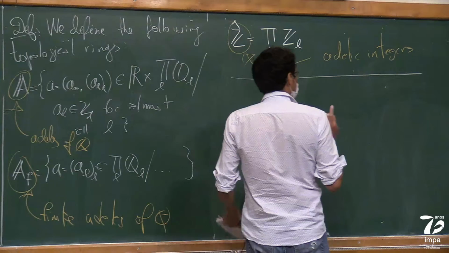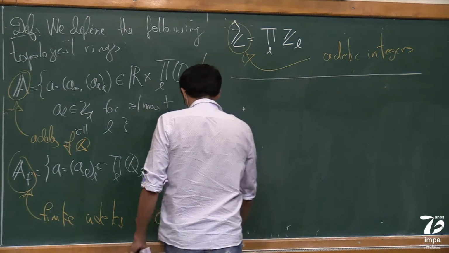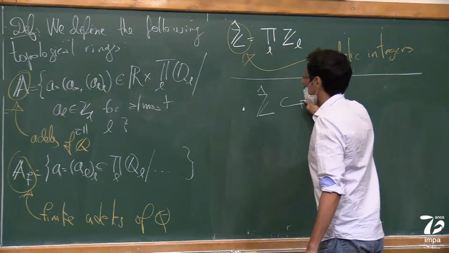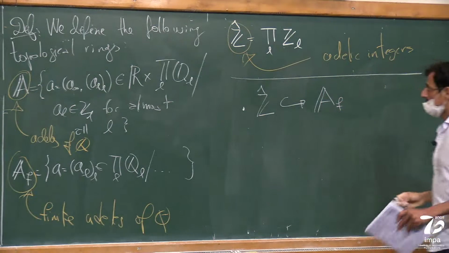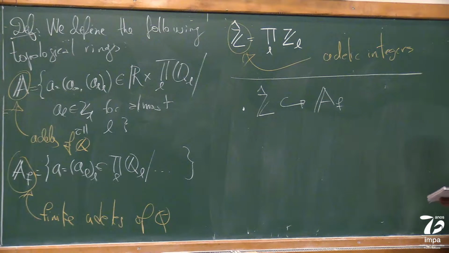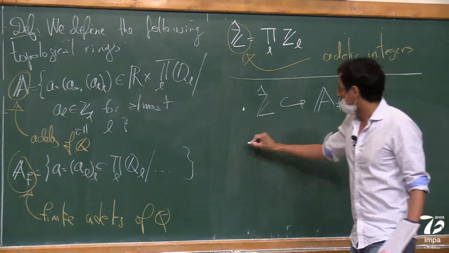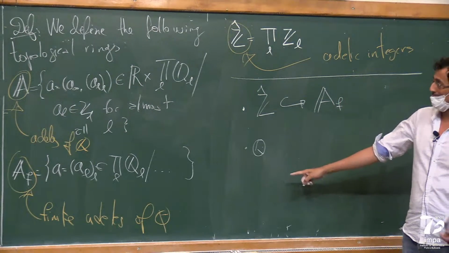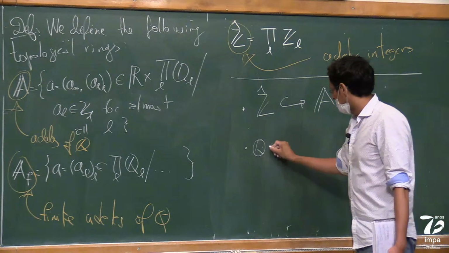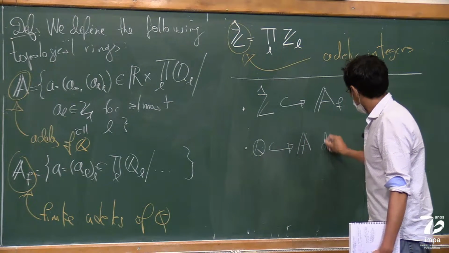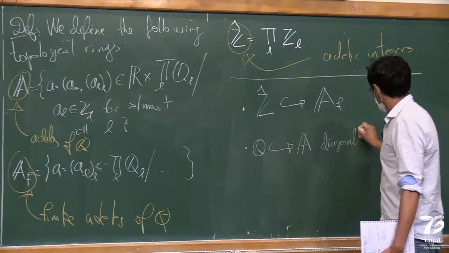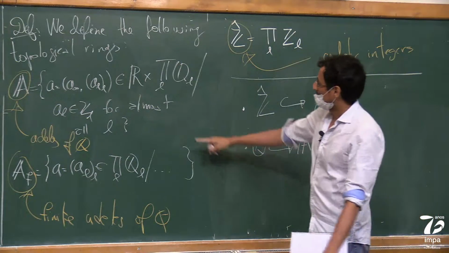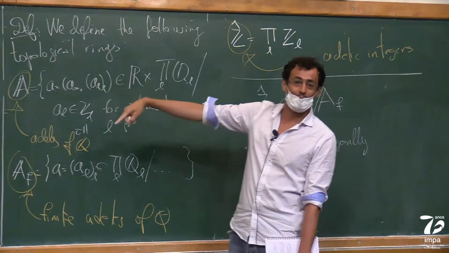First, let me give you some remarks relating to this subject. Naturally, you see that this one is inside these ones. Now you can put the rational numbers, which you are interested in. We start with the rational numbers, you remember? We take different completions of it, so you can put this inside of this diagonally. One interesting fact is that when you put the rational numbers over each component, it is dense by construction.